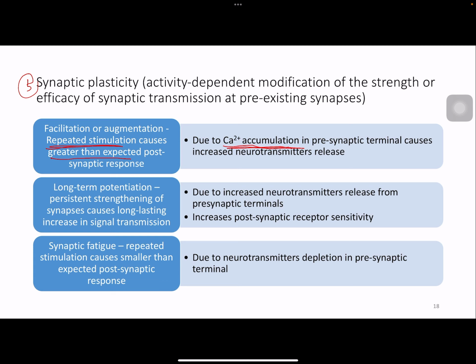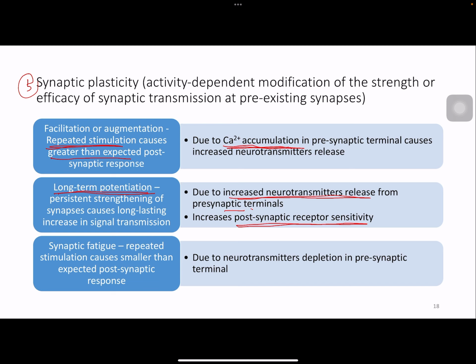In the long term, what happens is that there can be an increase in the postsynaptic receptor sensitivity as well. Why? It's because with each stimulation, there can be an increased neurotransmitter release from the presynaptic terminal, and this is what we call long-term potentiation.